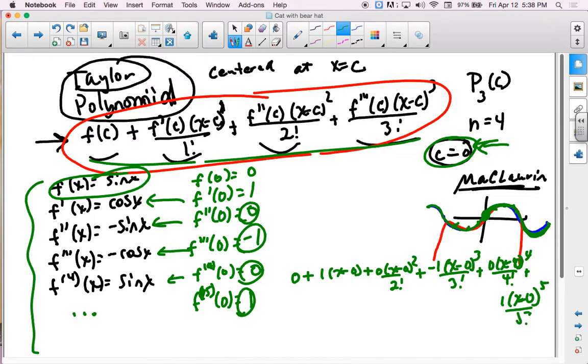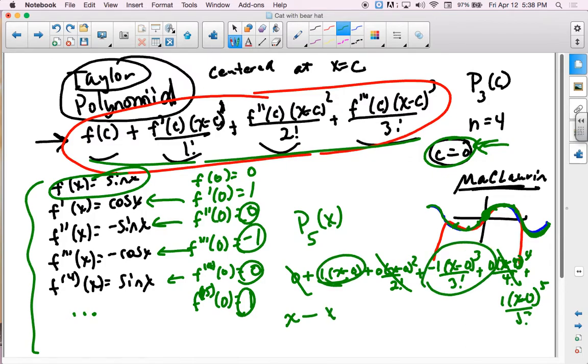Right now I've written a polynomial of x with degree 5. If we clean this up, these zeros go away. This gives me 1x. This gives me minus x cubed over 3 factorial. This gives me plus x to the fifth over 5 factorial.